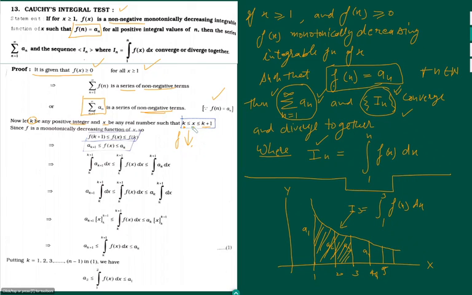So k less than or equal to x less than or equal to k+1 implies that f(k+1) is less than or equal to f(x) is less than or equal to f(k). And f(k+1) is a_(k+1), and f(k) is a_k, so we have a_(k+1) is less than or equal to f(x) is less than or equal to a_k. Now you take integration everywhere from k to k+1 in this inequality.